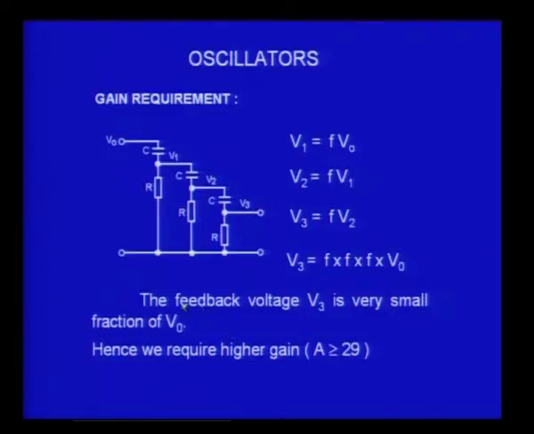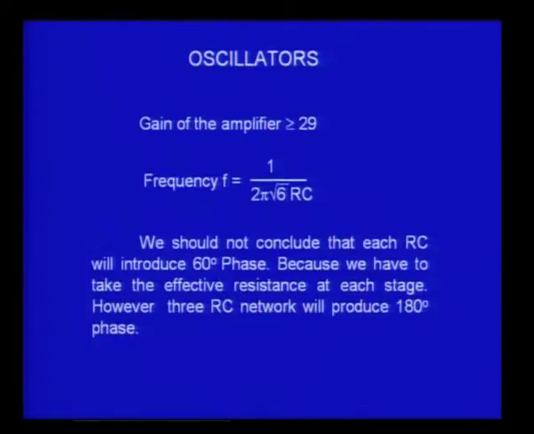When you really analyze the circuit, you would get an expression where you would find that the gain of the amplifier for the phase shift oscillator to work should be greater than or equal to 29 to make A beta equal to 1. Why is it so? We will try to derive the expression quickly later on. We also should remember that the frequency will be given by the expression f equals 1 by 2 pi root 6 RC.